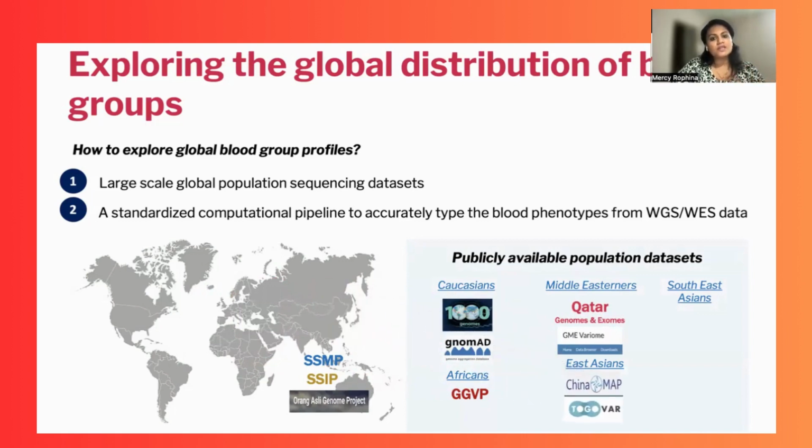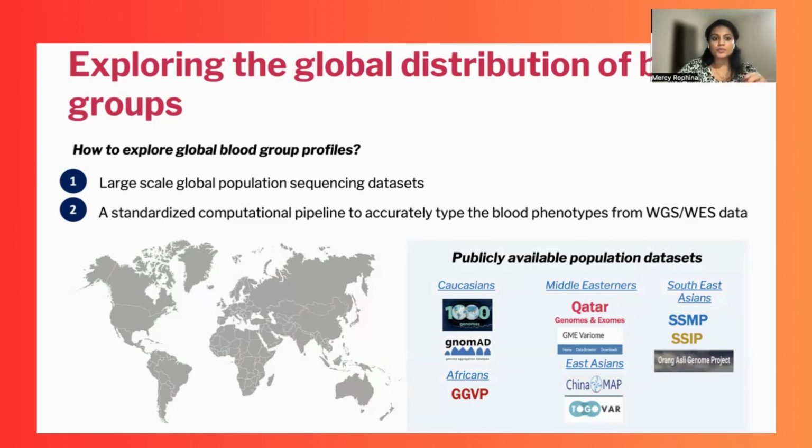For the East Asian, we have genome sequencing data available for the Chinese and the Japanese population. We also have the Southeast Asian populations, which encompass the Malaysians, the Singaporeans, and certain native populations like the Orang Asli population.